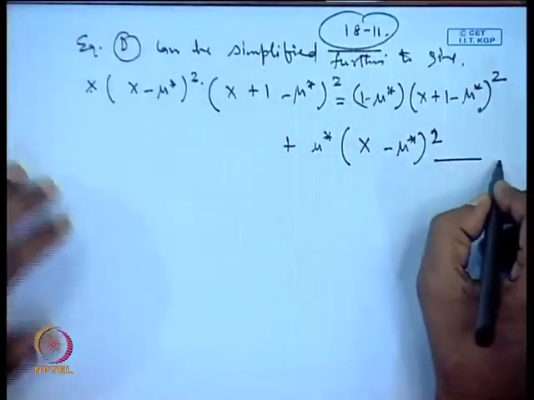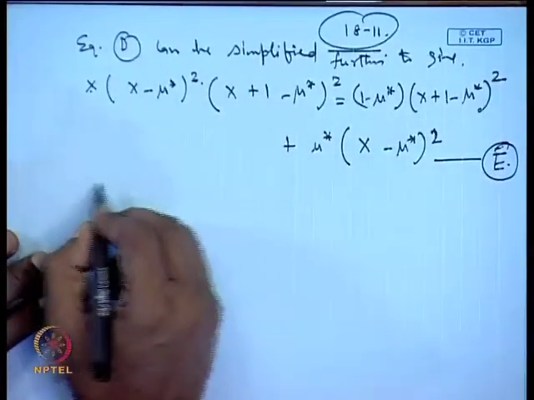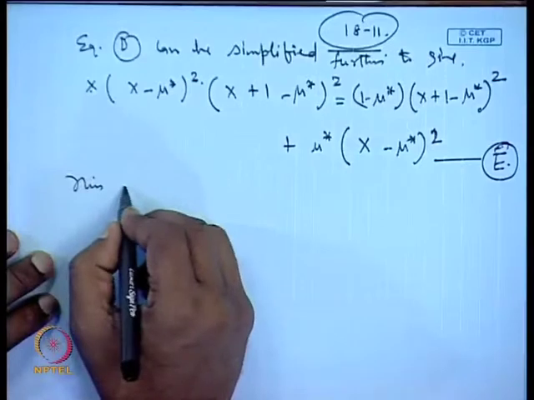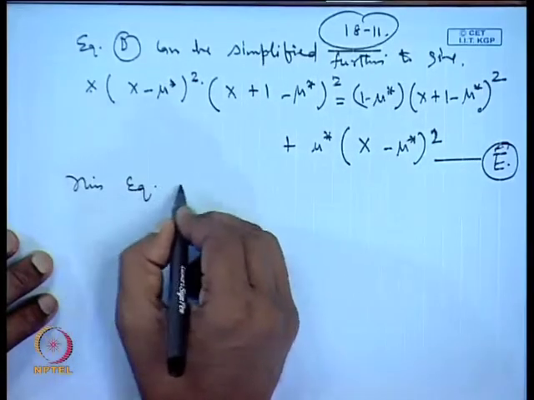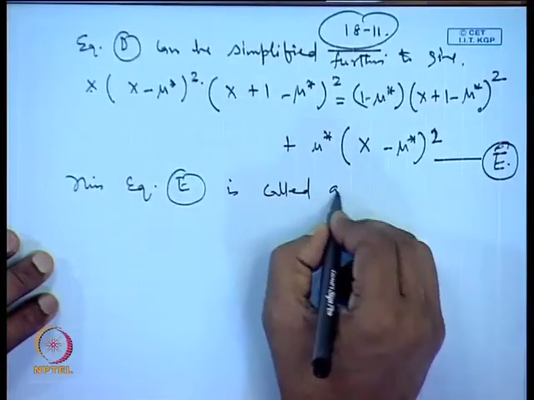And this we termed as equation number E. This equation E is called a quintic.